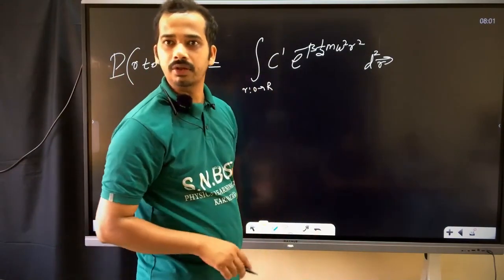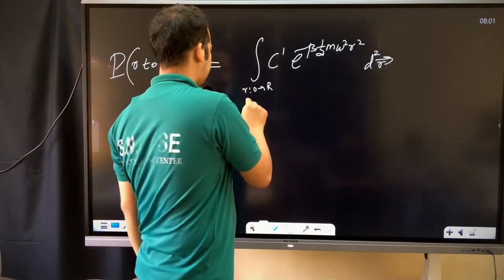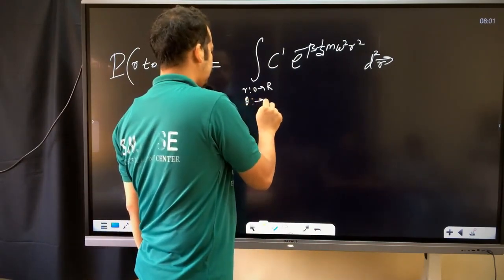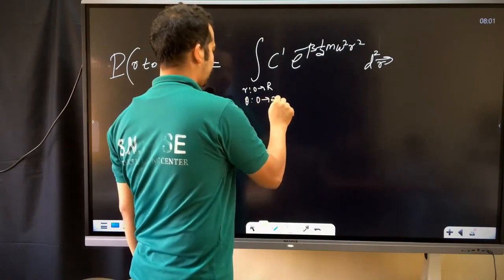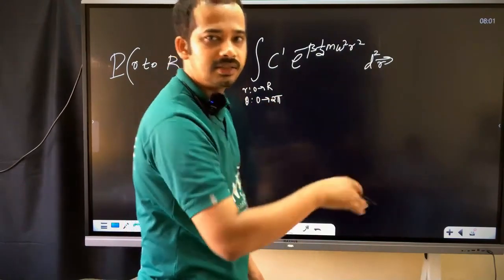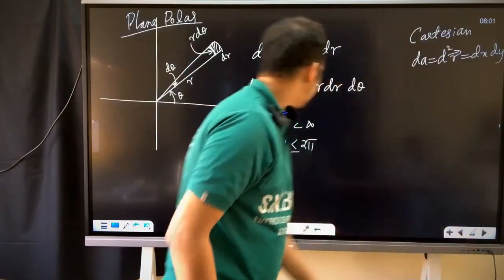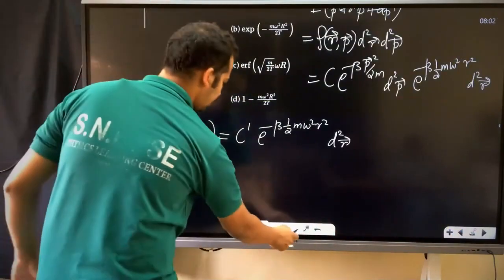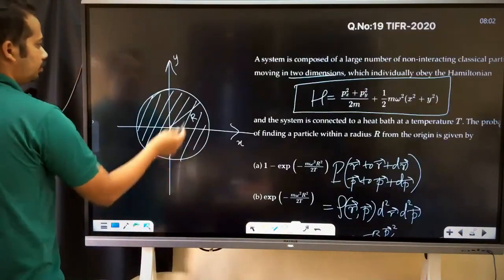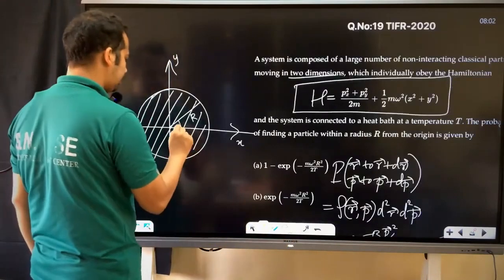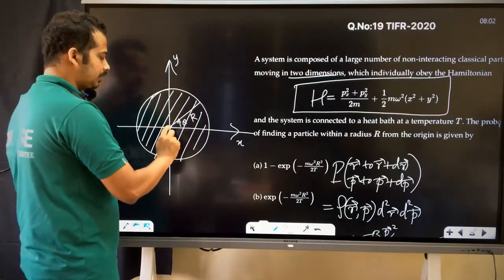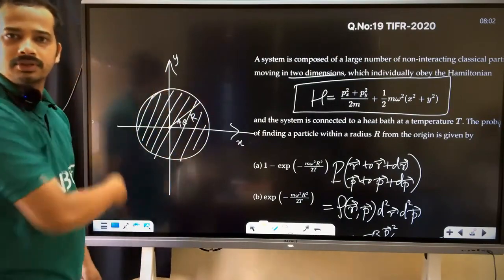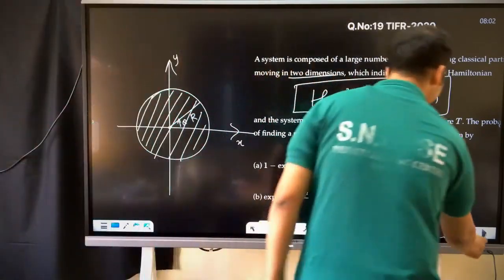So theta ranges from 0 to 2 pi, and that will cover that disk region. Ultimately, this disk region should be covered. You have to vary your theta from 0 to 2 pi and the radial distance from 0 to capital R. That will cover this region, isn't it?